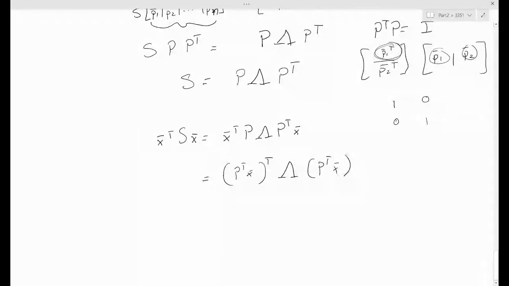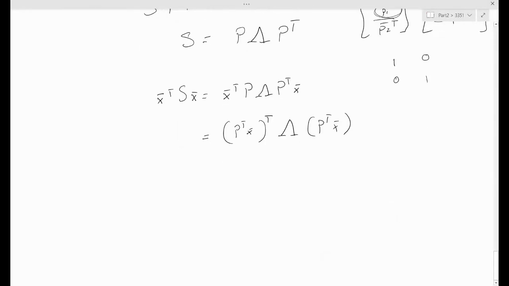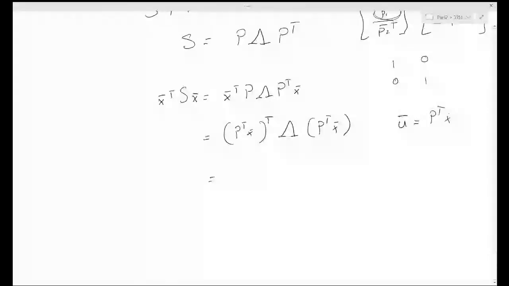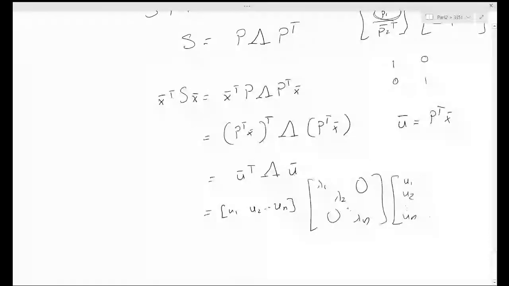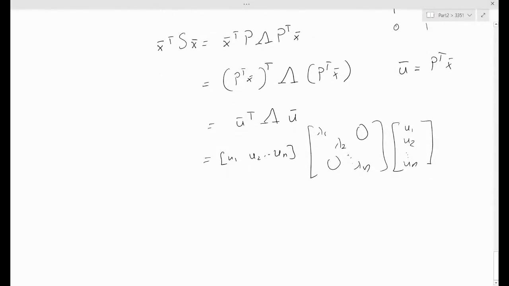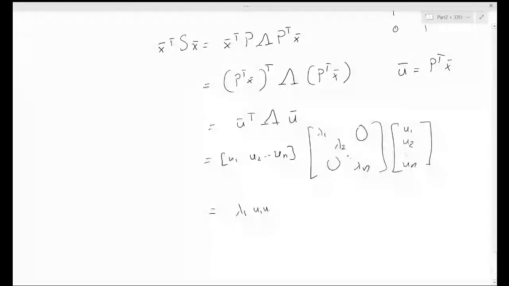And so you just define some vector u to be P transpose x, and then you have a very simple quadratic form here. Because remember that the diagonal matrix just has the eigenvalues. And since you only have the diagonal entries here, this becomes mu1 times u1 times u1 and so on.